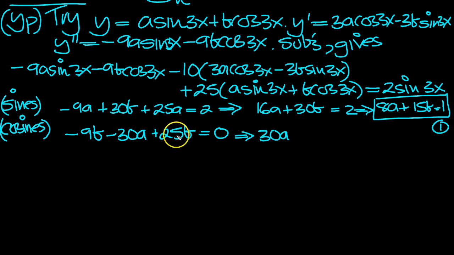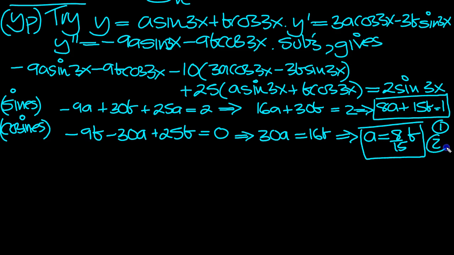I'm reading it from right to left. 25b, take 9b is 16b. So we've got here 15a minus 8b. So I'm just going to write it as a equals so many b's here. A equals 16 over 30 was 8, which is 8 over 15 lots of b. There we go.